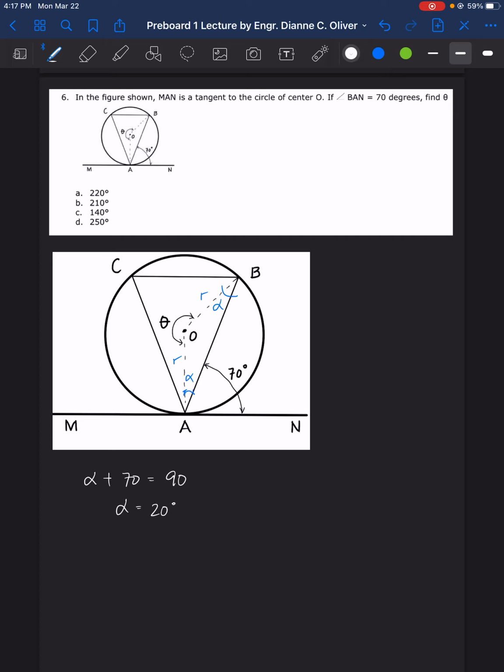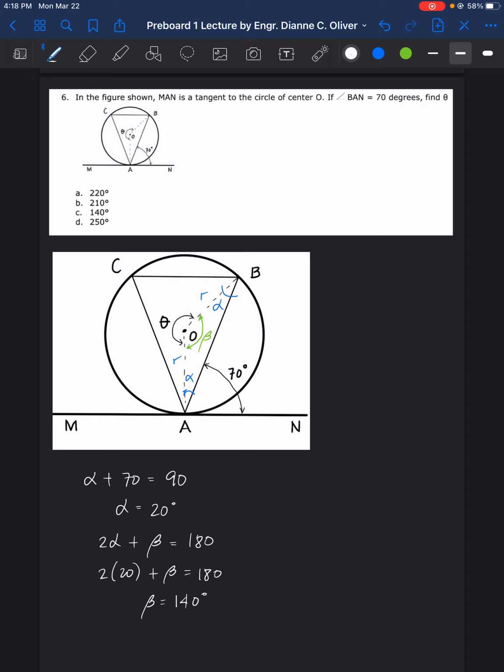If alpha is equal to 20 degrees, then we will be able to find the angle here, beta. So, we have here 2 alpha plus 1 beta is equal to 180 degrees. 2 times 20 plus beta is equal to 180 degrees. So, beta is equal to 140 degrees.